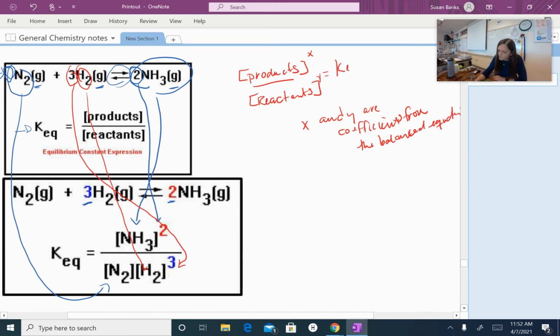Okay? So that is how we construct equilibrium constants. We're going to do a couple of examples for you really quick. Okay? A couple more examples.